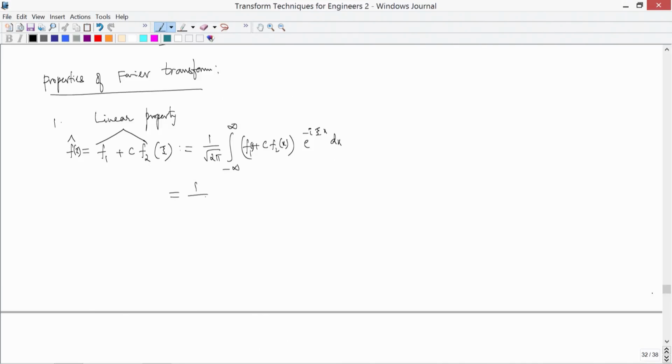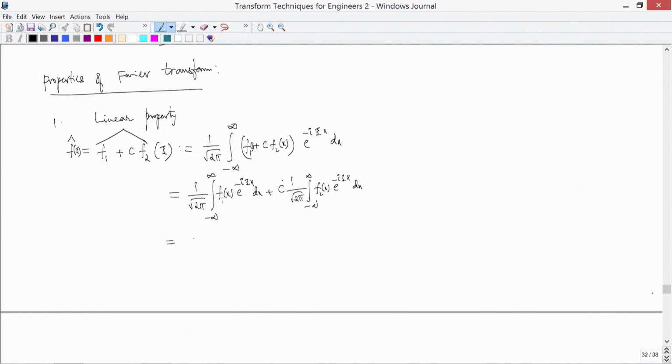So, this is equal to 1 by root 2 pi, you just write separately, because integration of the sum of the two functions is a linear property. So, you can write these as two separate integrals: f1(x) e power minus i xi x dx plus c times 1 by root 2 pi integral of f2(x) e power minus i xi x dx.